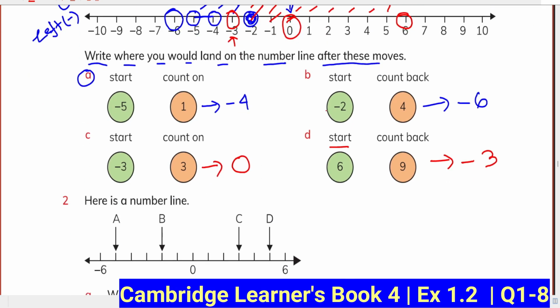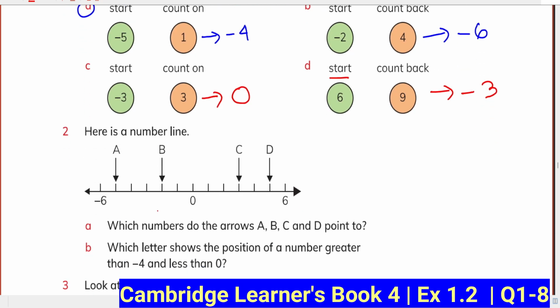Right? Next. Here is a number line. Here in the middle it's a 0. In the back it's -1, -2, -3, -4, and here is a -5. And on the right 1, 2, 3, 4, 5, and then 6. Question 2 A. Which numbers do the arrows A, B, C, D point to?